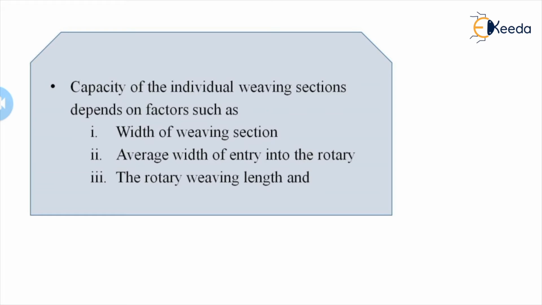And I have not covered the entry and exit width, that is the average of the width of the entry and the exit width. So I have covered the three major design components, that is the weaving length, the average of the entry and the exit width, and the width of the weaving section.